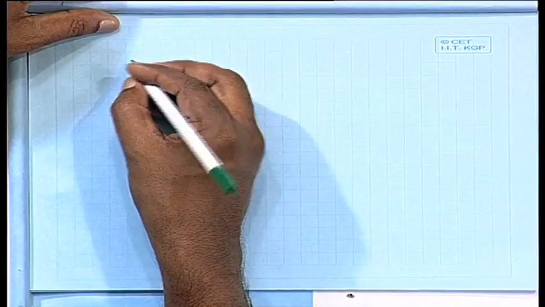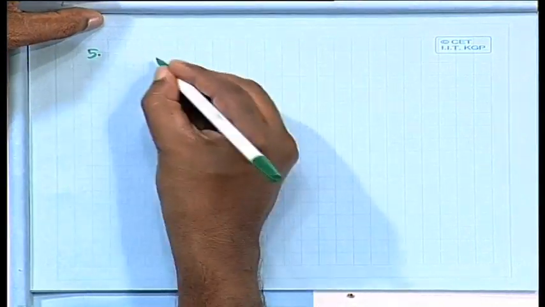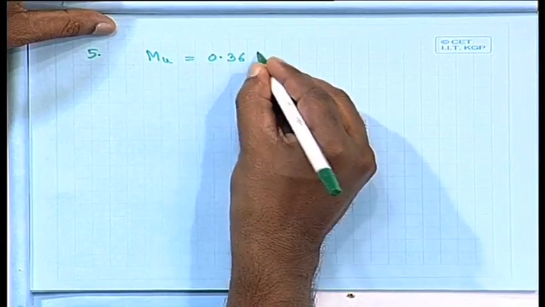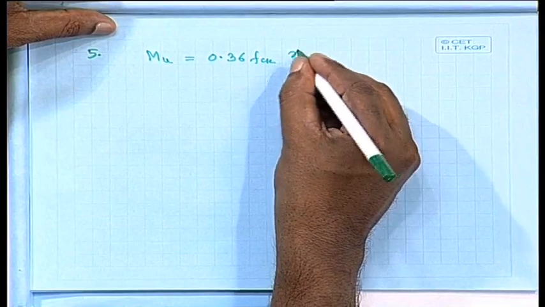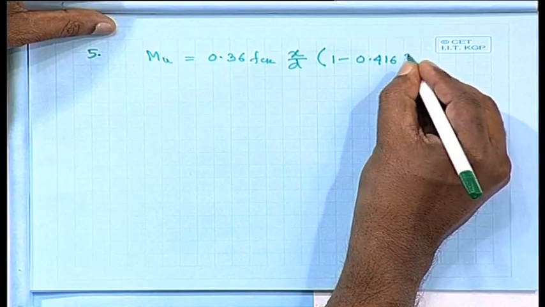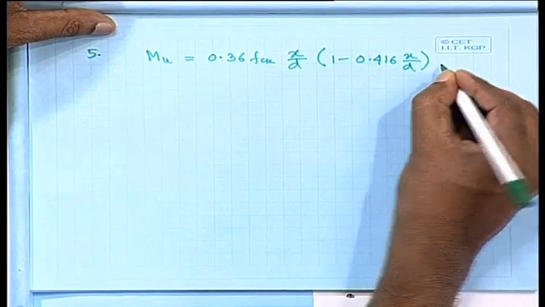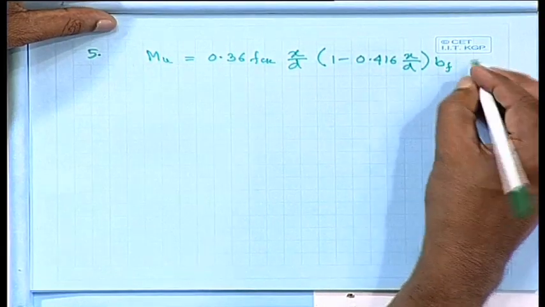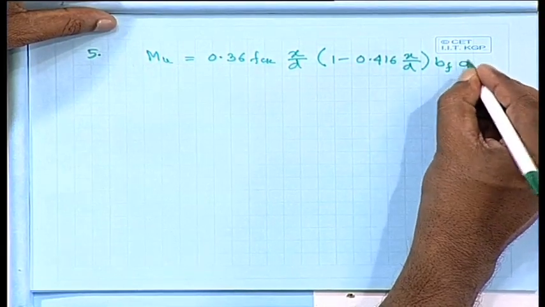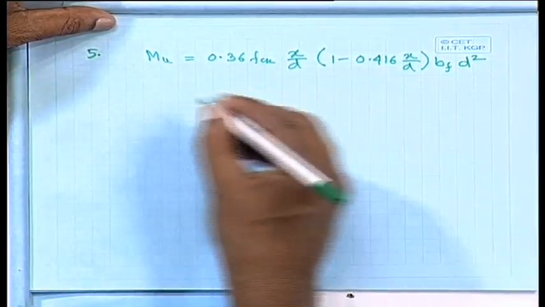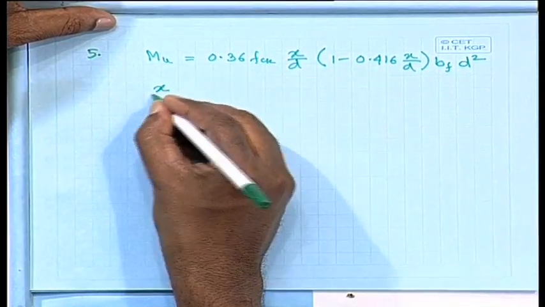We know that Mu equals 0.36 fck x by d times (1 minus 0.416 x by d) Bf d square, here in this case Bf, because we are talking about that T beam. If we rearrange this, then we can get this formula.